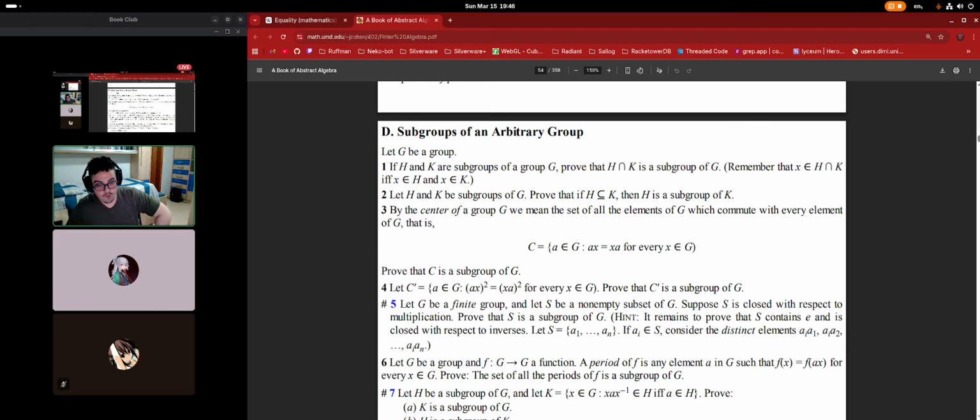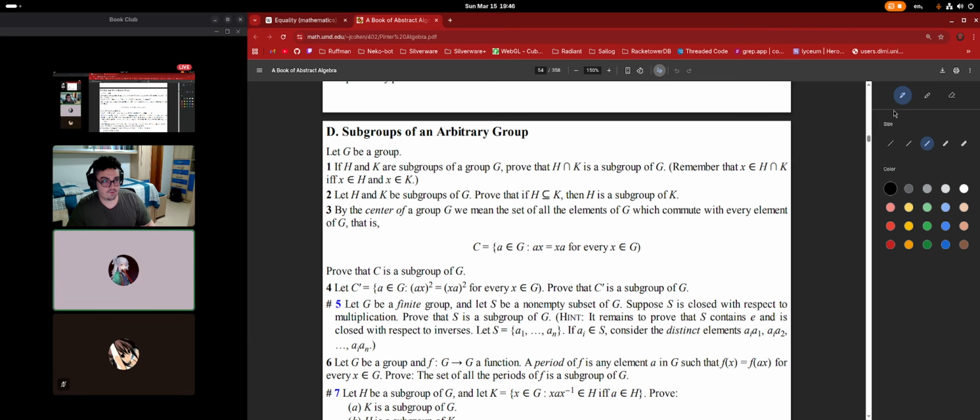Okay, but how would we prove this one? Because the elements of C are A's, which are part of G, right? So we would have to do something like... Basically, you would have to prove that each element's inverse is also commutative with the rest of the elements of G. That's the second condition. The first condition is about the operation itself, right?